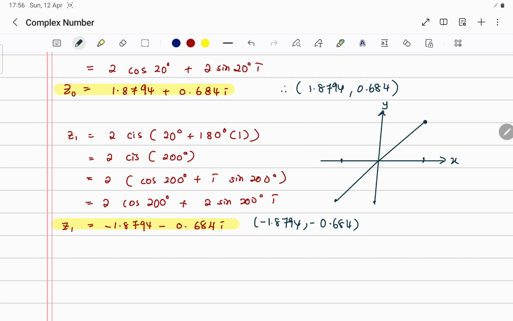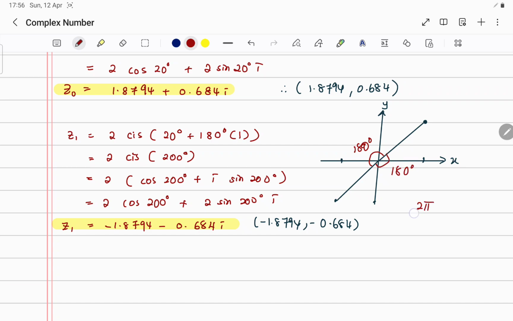And if they ask you to determine the angle separating the roots, so by right, total angle here is 360, right? Okay, so if you check, this one is actually 180 degree. So how to determine this?